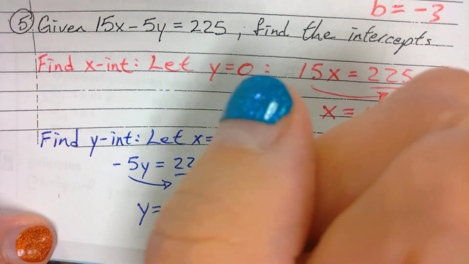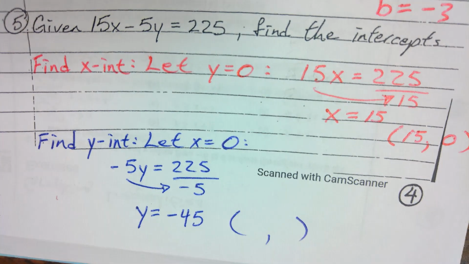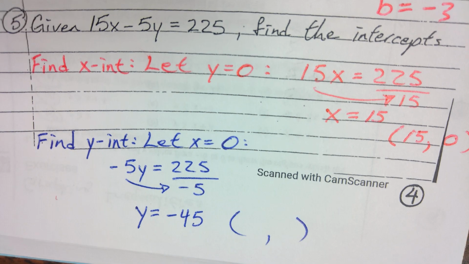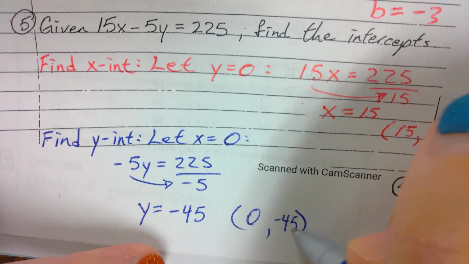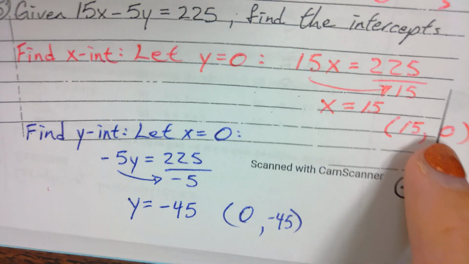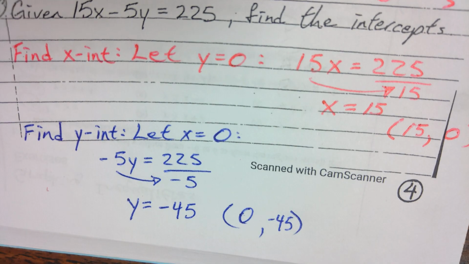I get negative 45. So what's my coordinate? Yep, 0, negative 45. Good, because your y is negative 45. So there you go, there are my two intercepts. And then if I were to graph it, I can make my line.